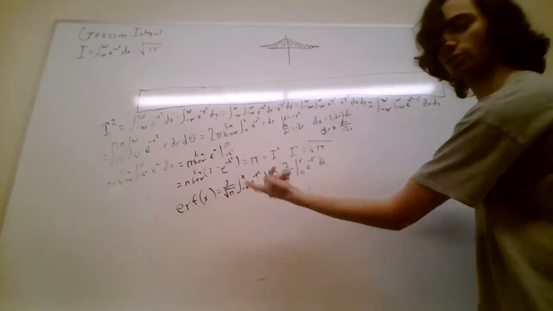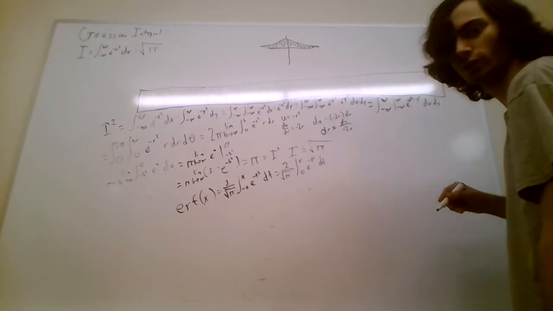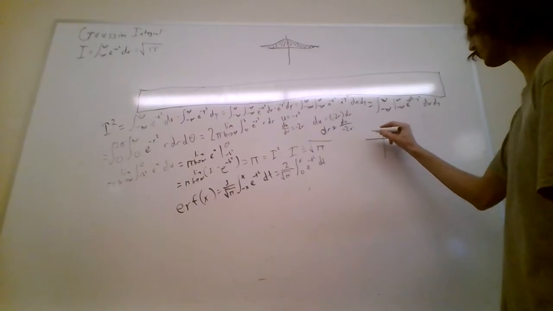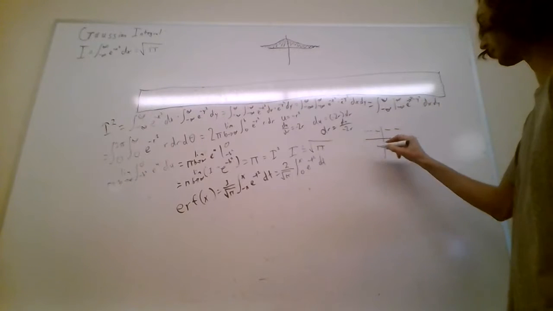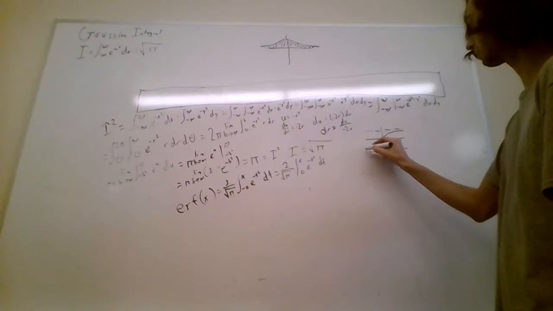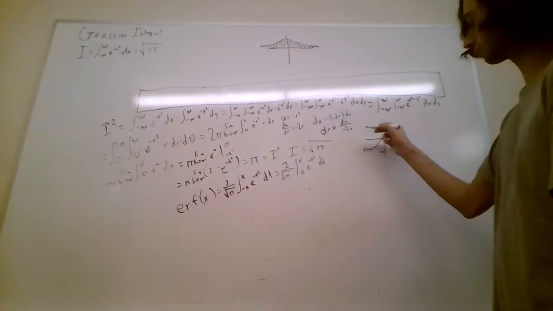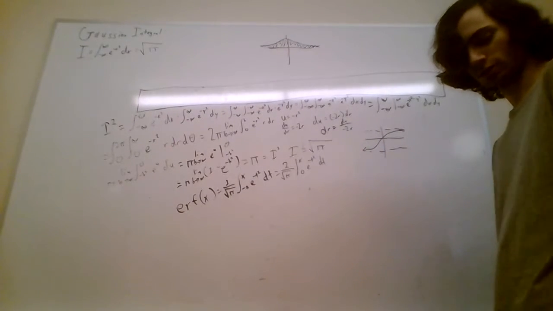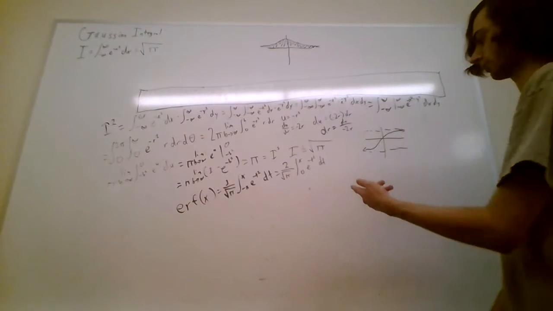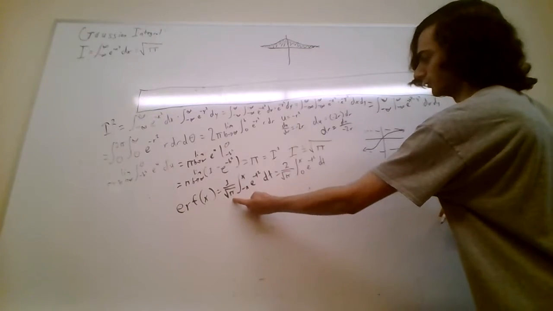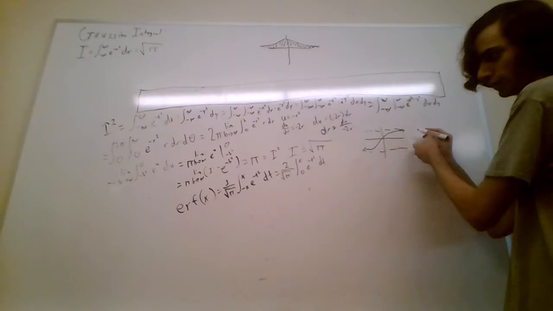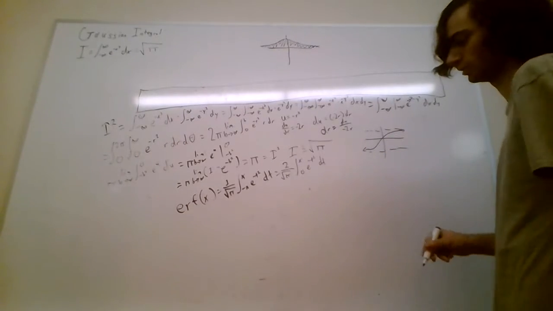And this function actually looks a lot like a tangent curve or a logistic curve. It has two horizontal asymptotes at negative 1 and 1, and it just kind of looks like this. And that's why we divided it by square root of pi. So the limit as it approaches infinity is just 1, and as it approaches negative infinity is negative 1.